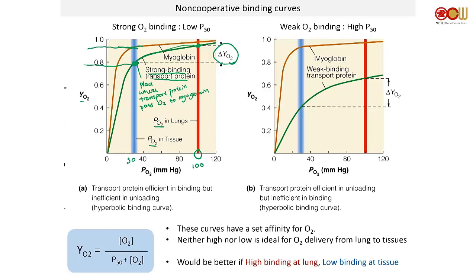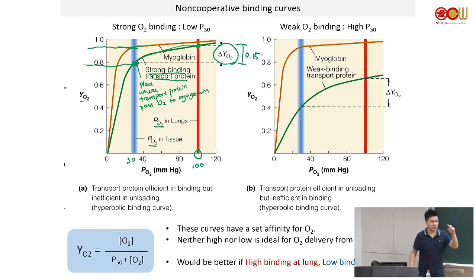Now, if you look at this, you'd say, that sucks. Why? Because look at how small this number is. You get about maybe 0.1 or 0.15, something like that. I made up that number. So it's a small window. That means the loading, unloading, the delivery person, is not very efficient.